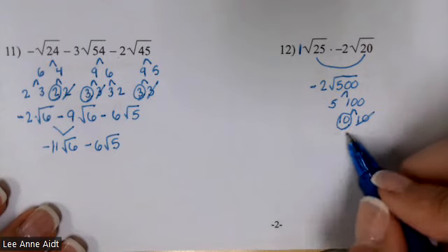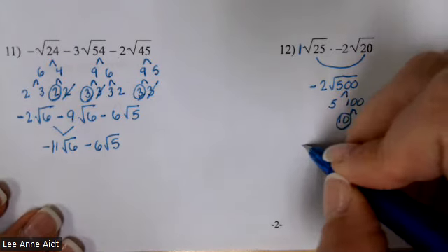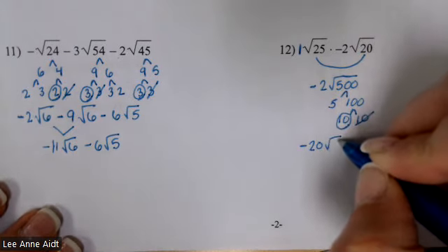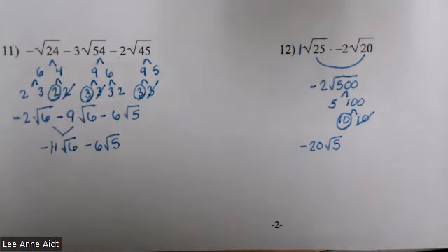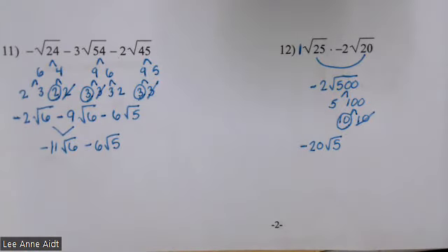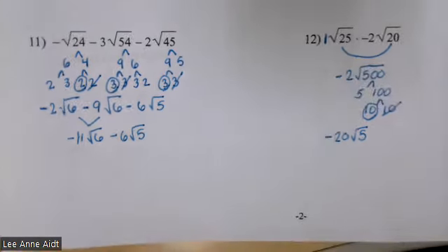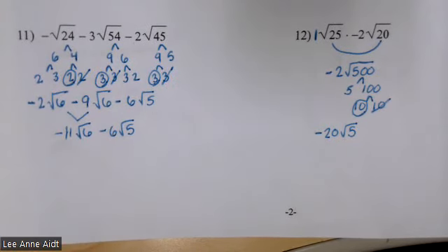So circle 10, it's going to multiply with the -2 in the front, so -20 root 5. Anyone want to ask anything about 11 or 12?